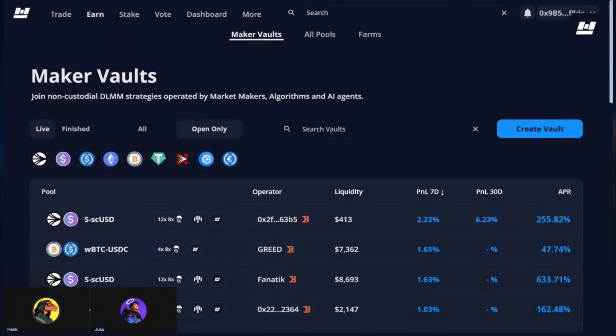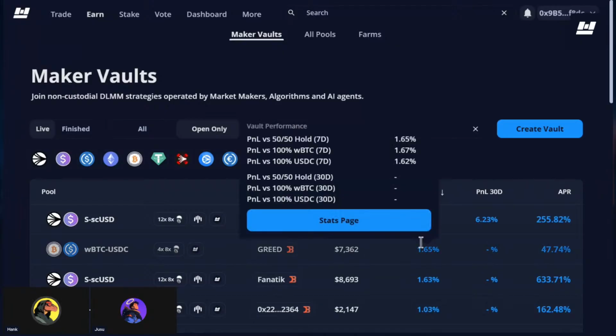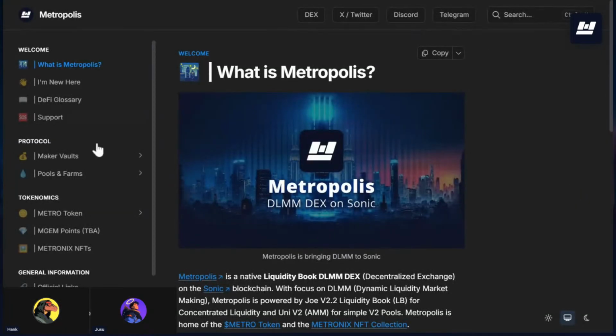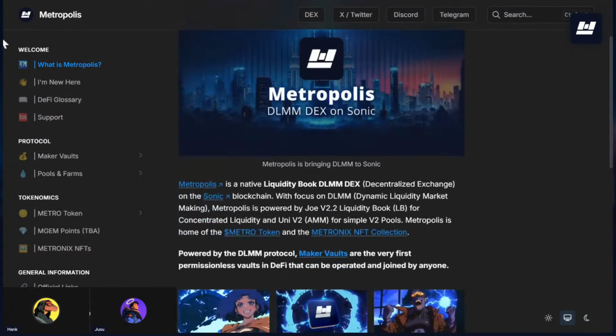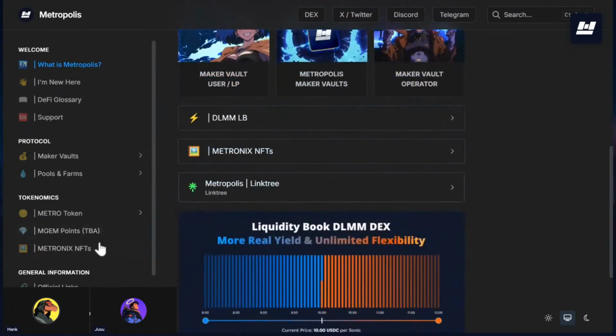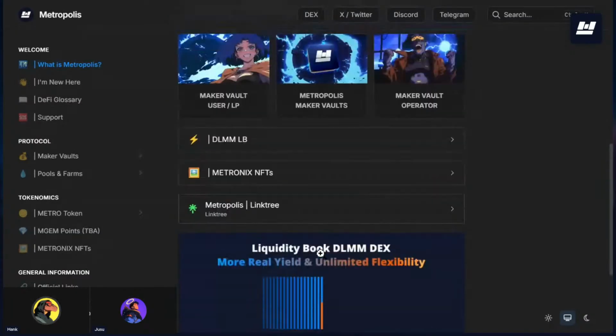One thing, all of what I'm sharing here is also in our docs, not in that detail, but especially about the Maker Vaults. Just go on Metropolis. If you go all the way to the bottom, you have here documentation, and you see here Maker Vault pools, just generally about Metropolis or tokenomics, everything you can read up here.